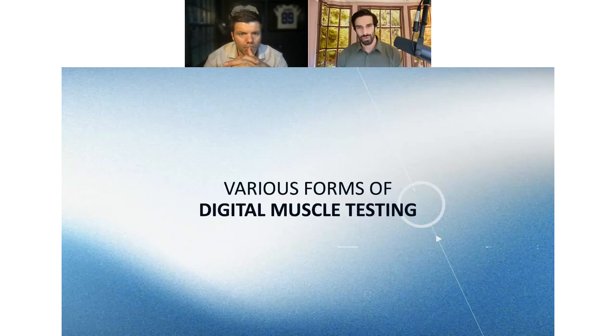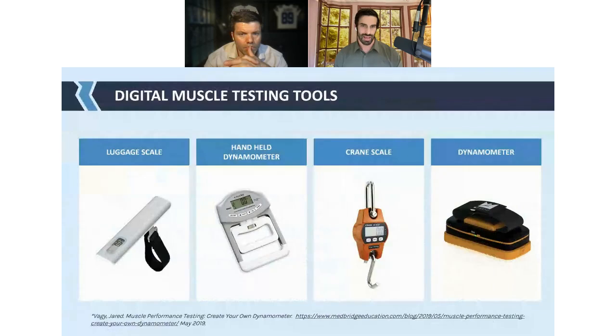So now let's look at the different forms of digital muscle testing. And there are several barriers to dynamometry. I'm a huge fan of dynamometry.